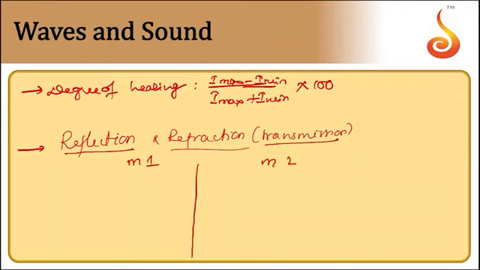This is medium 2. Let's assume that a wave or a sound is incident like this. This is the incident wave. And it gets partially reflected, and it is also refracted, or transmitted, like this.